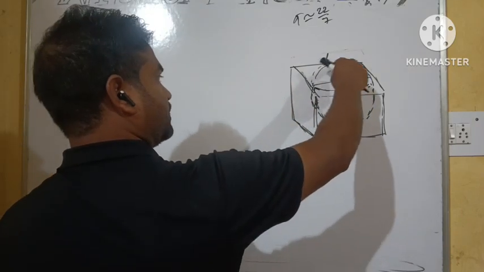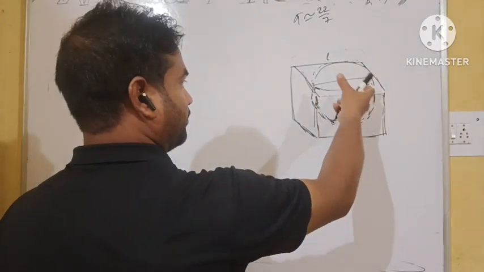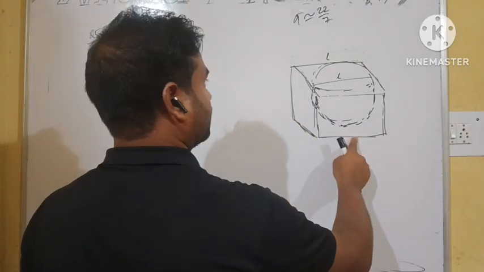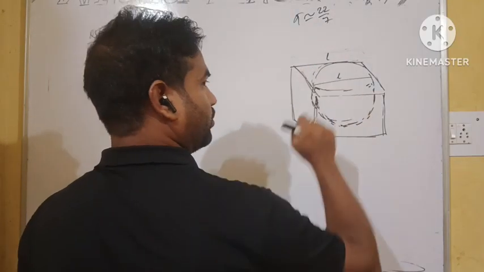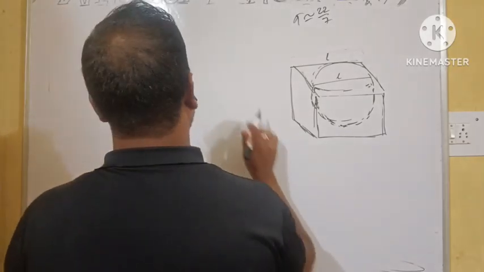A hemispherical part whose diameter is L is cut out or removed from a cubical wooden block whose edge is also L. We have to find the surface area of the remaining solid.